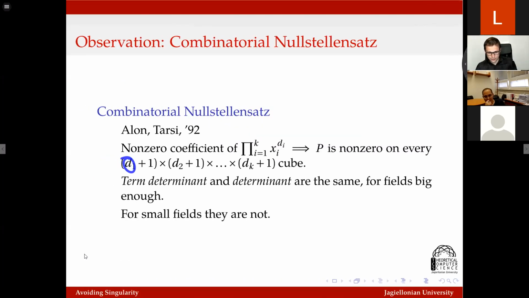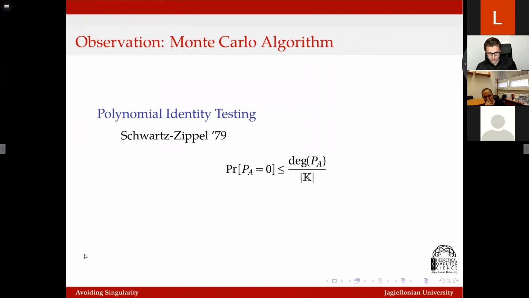Okay, so the next observation is that this polynomial formulation brings us naturally to polynomial identity testing. And what it means is that there's a very easy Monte Carlo algorithm.